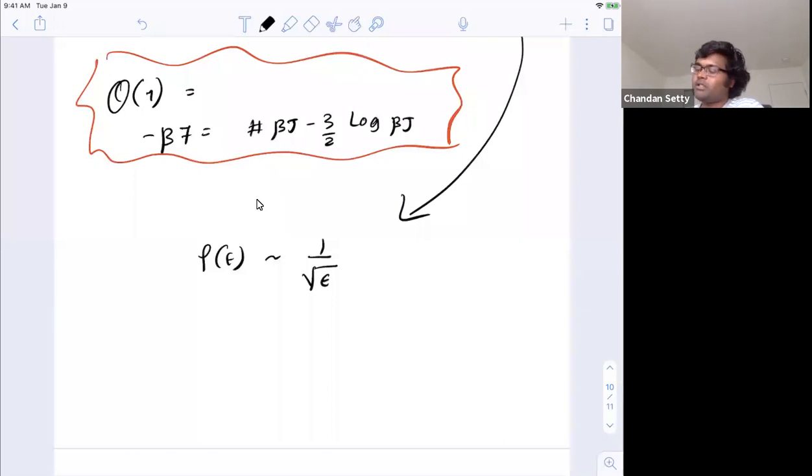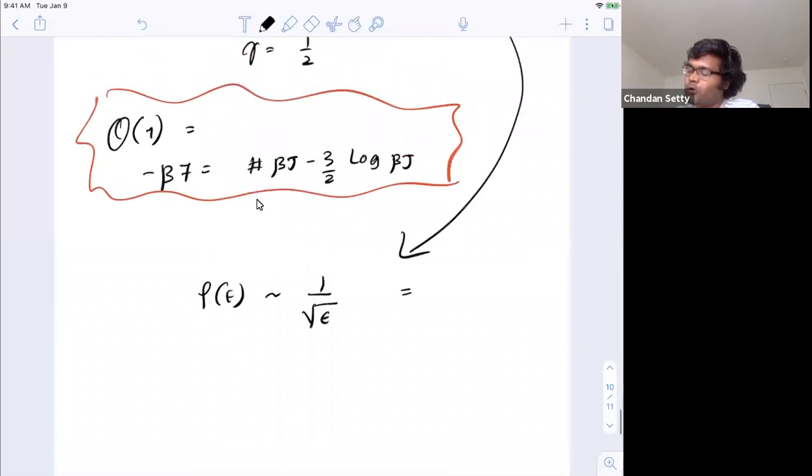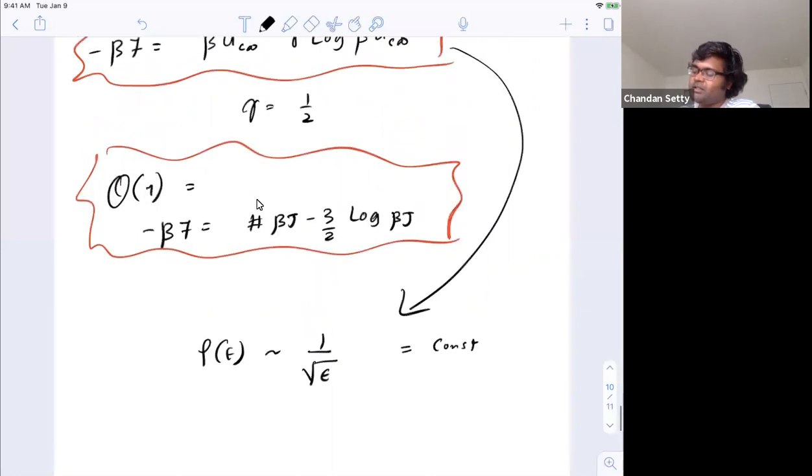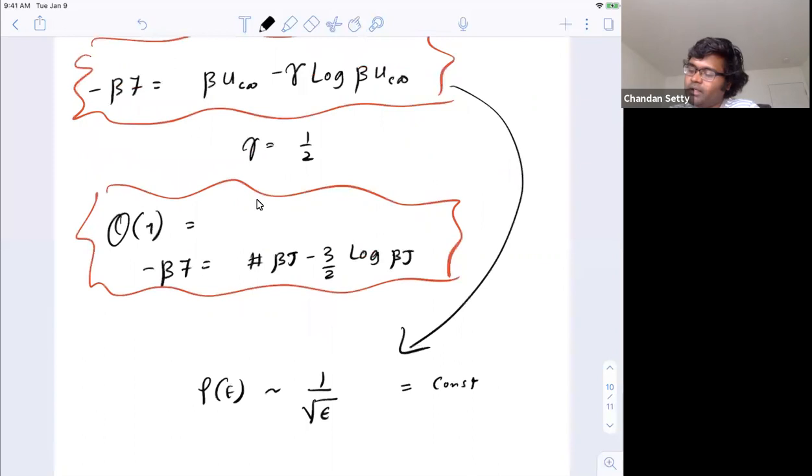This is as opposed to the exact SYK model, which showed that rho of epsilon is a constant. And the reason there is this difference in the density of states is entirely due to the difference in this prefactor between the SYK model and the Luttinger surface model.